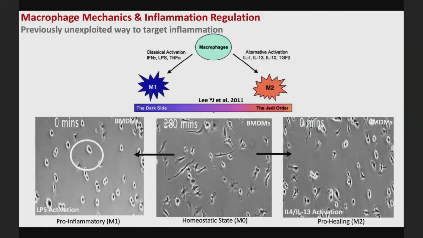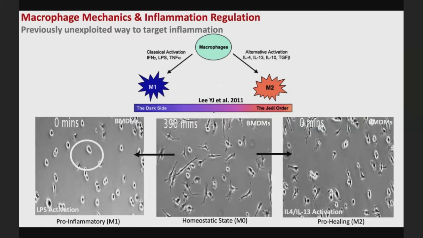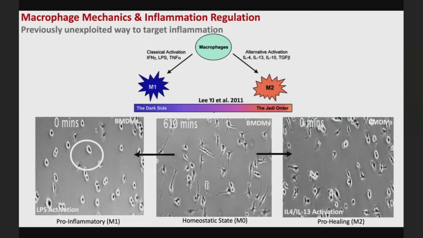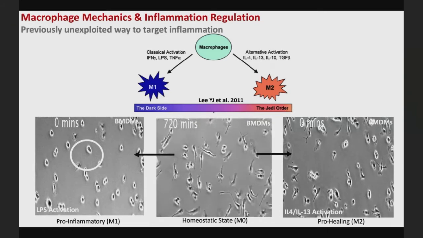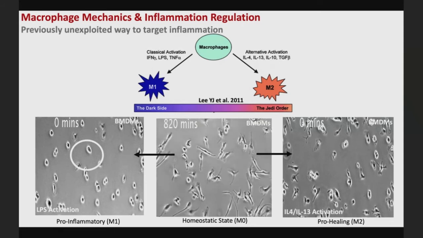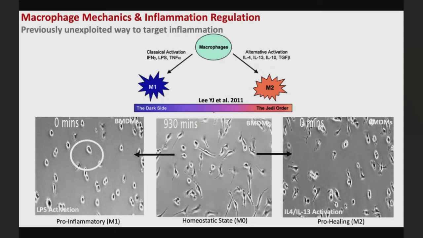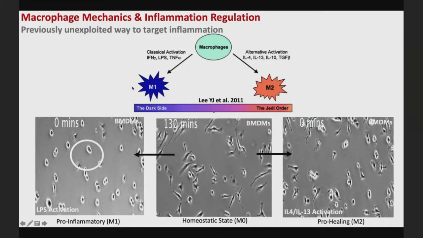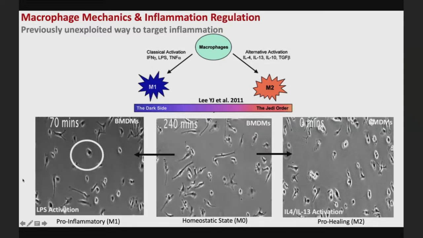You can see that they are continuously surveilling their microenvironment, and while doing so, they are changing their shape, their size, and their morphology dramatically. We can say that their geometry or morphology is more or less random. But they do something interesting when they enter the process of pro-inflammation, or M1.